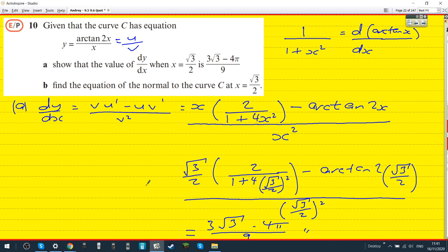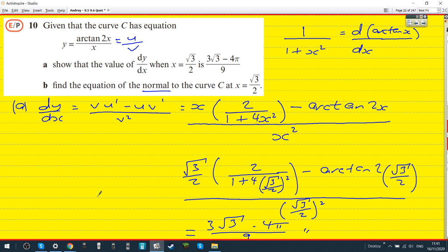What is the m? 3 root 3 minus 4 pi over 9. That would be for equation for a tangent. This is normal, so does that mean I have to do minus 1 over m of the gradient? Do I just need to do minus 1 over 3 root 3 minus 4 pi over 9?